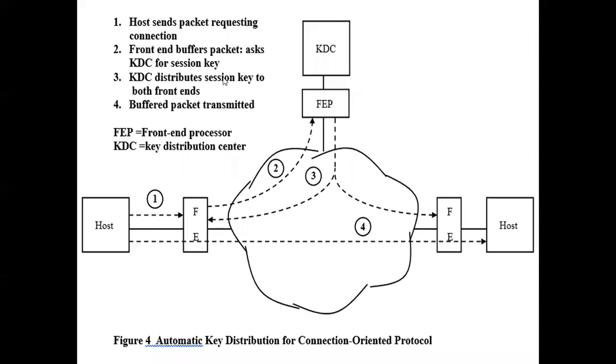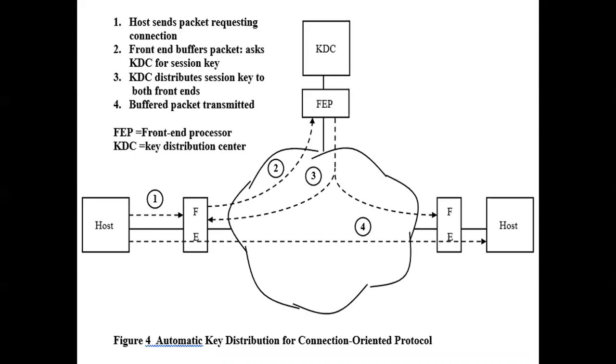The front end buffer packets ask the KDC for a session key. So for this particular session, you need a key, a session key we call. Session means for this particular session, it needs a key.